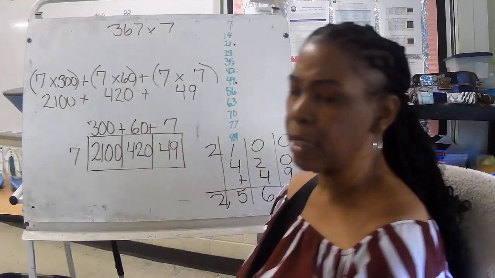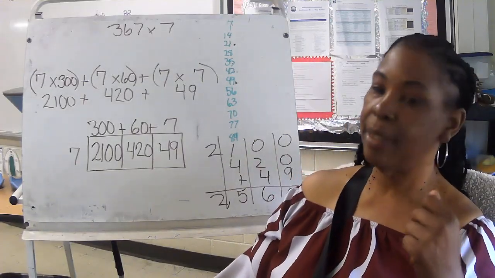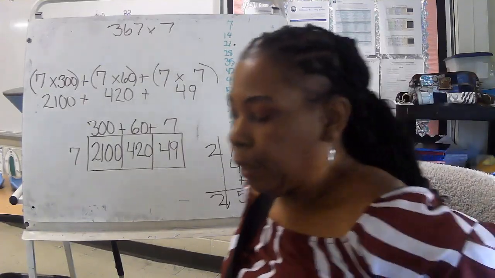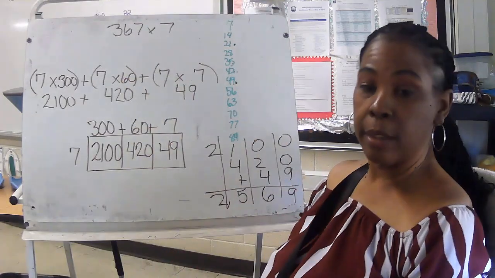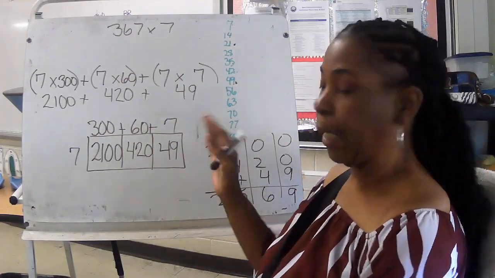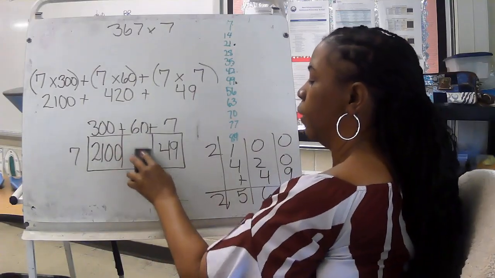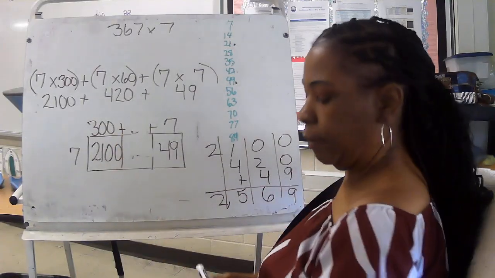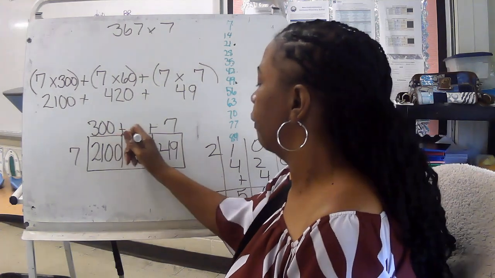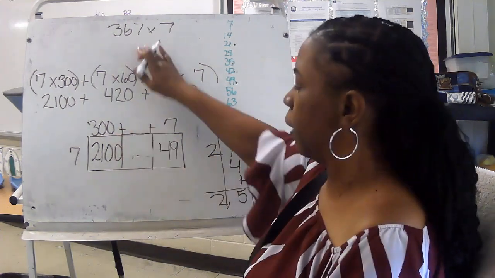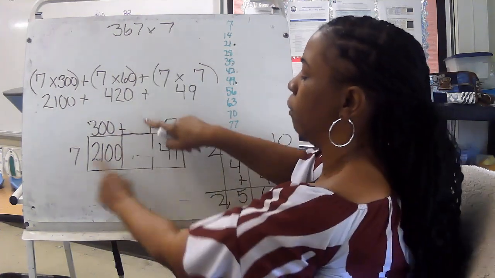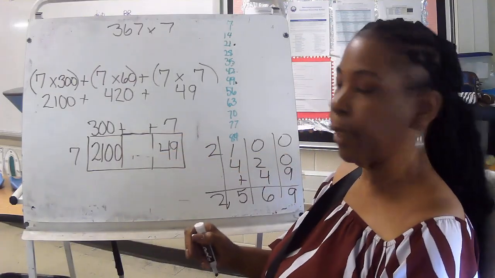Now, parents may ask, Ms. Perry, is all of that necessary? It is, absolutely. And the reason why is they're tested in different ways. So, for example, with the area model, they may have it where everything is filled out except for this. And they have to know the expanded form, what goes here, and then be able to multiply and have that answer there. Okay?